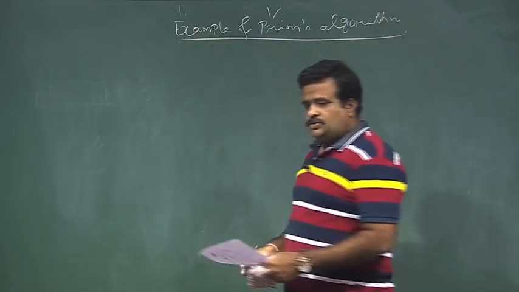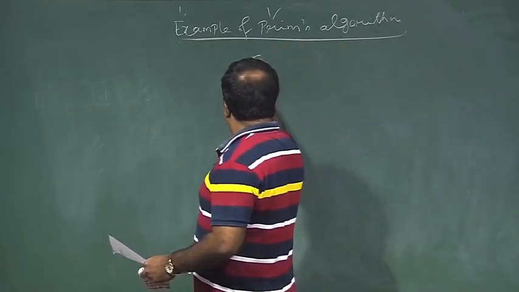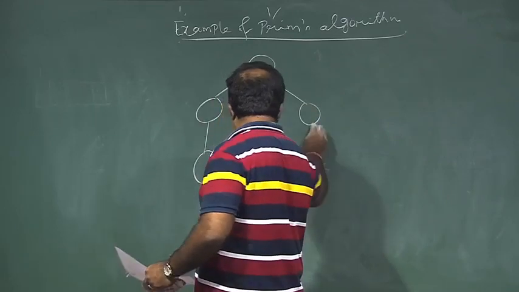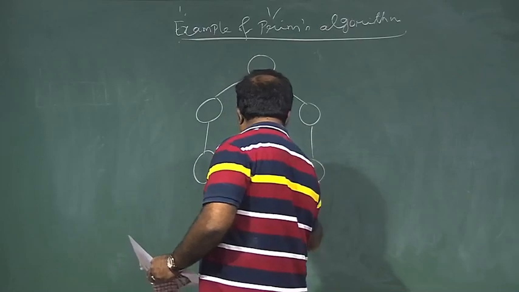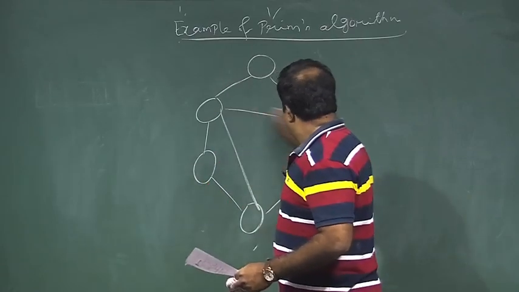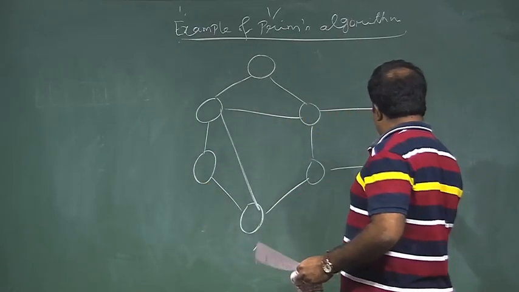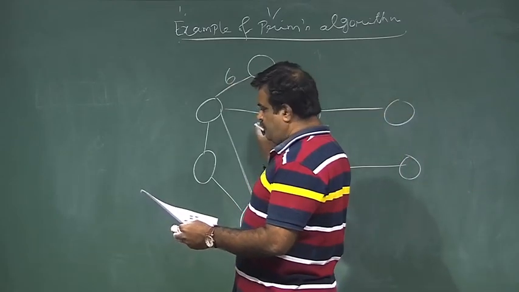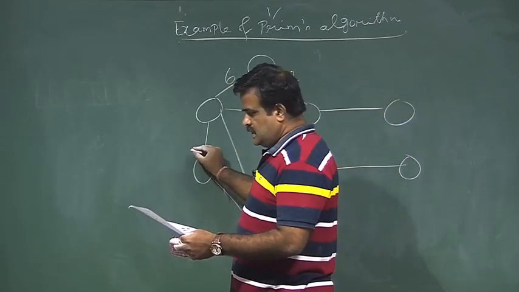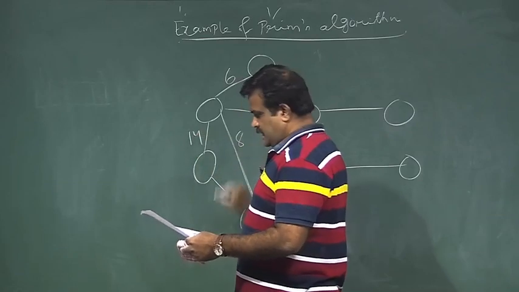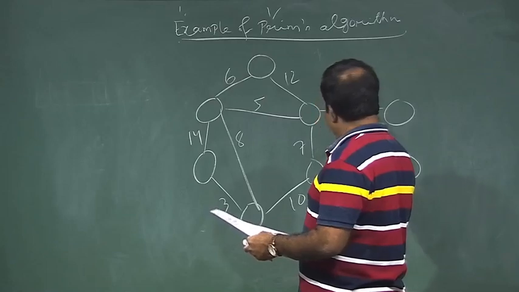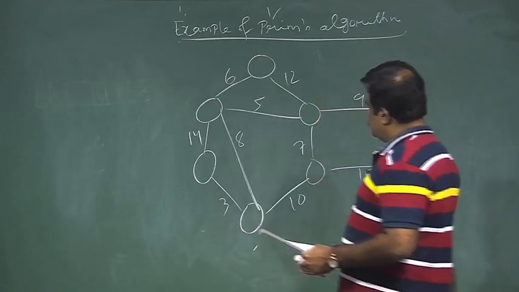Okay, so suppose we have this graph, the same graph, let us draw. And these are the weights we have: 5, 14, 8, 3, 10, 7, 9, 15.